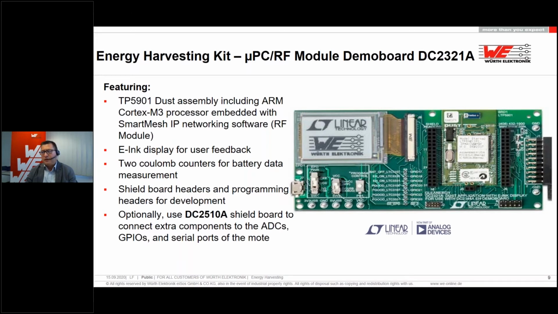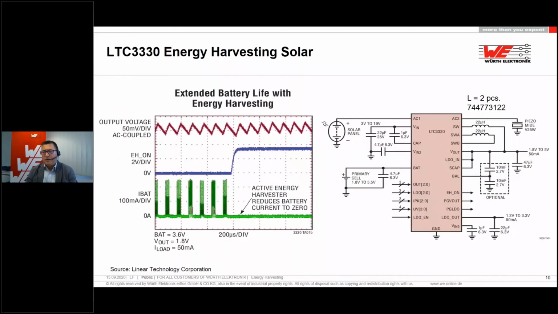And the next one, which is quite close and very efficient as well, is the WirelessHART protocol, which is also working at 2.4 gigahertz. This is something which you can get like a design kit by using, for example, the LTC3330 DC-DC converter with a primary cell battery.